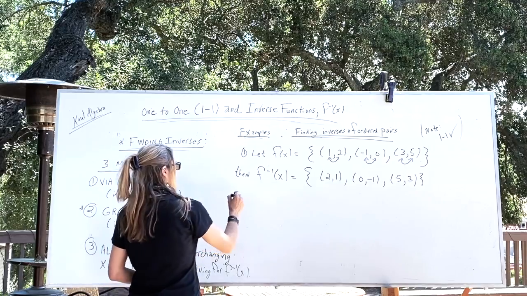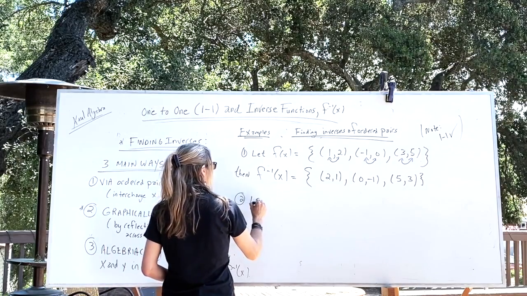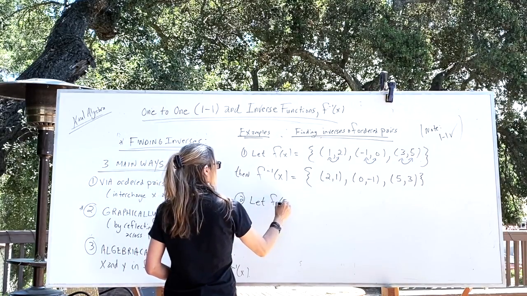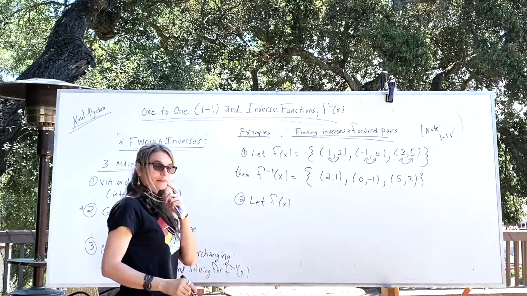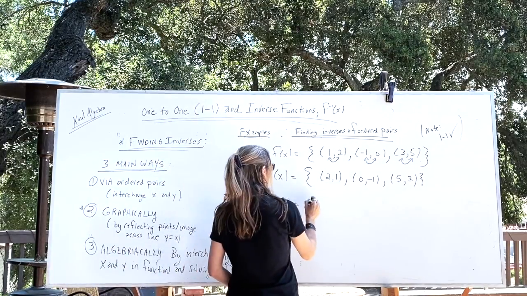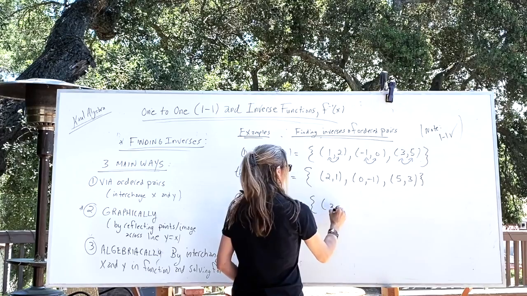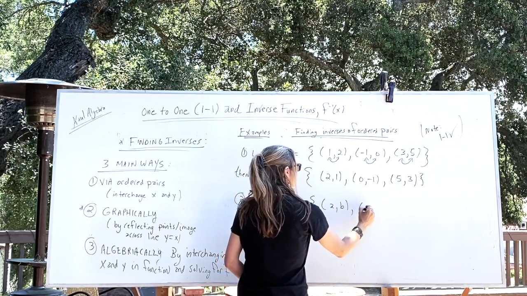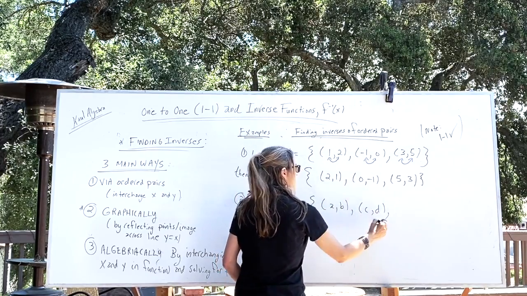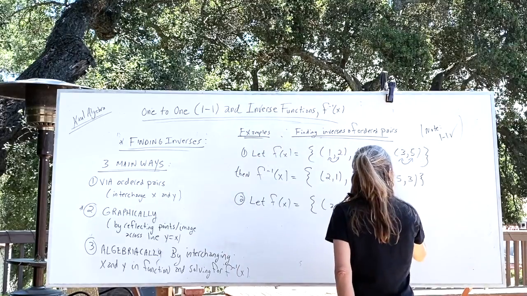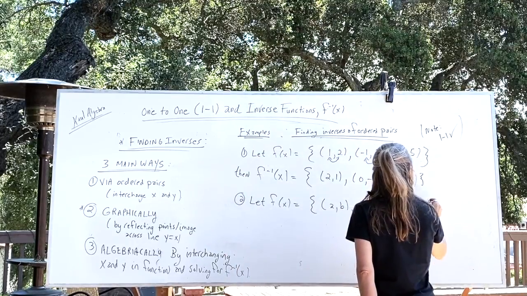You don't even have to have variables or ordered pairs that are numbers. Let's say in this case we let f of x equal (a, b), (c, d), and then let's say (y, z).